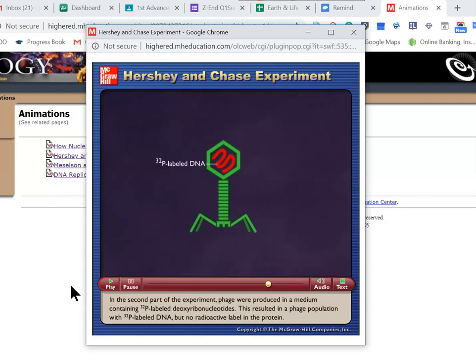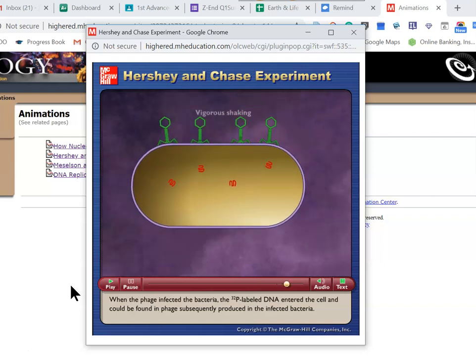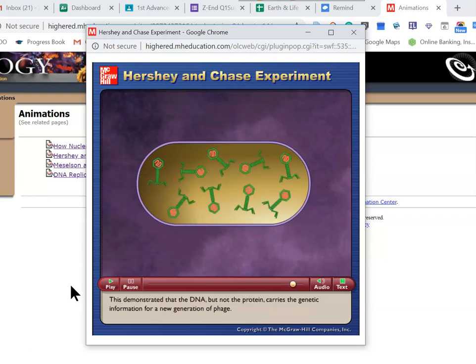This resulted in a phage population with P32 labeled DNA, but no radioactive label in the protein. When the phage infected the bacteria, the P32 labeled DNA entered the cell and could be found in phage subsequently produced in the infected bacteria. This demonstrated that the DNA, but not the protein, carries the genetic information for a new generation of phage.